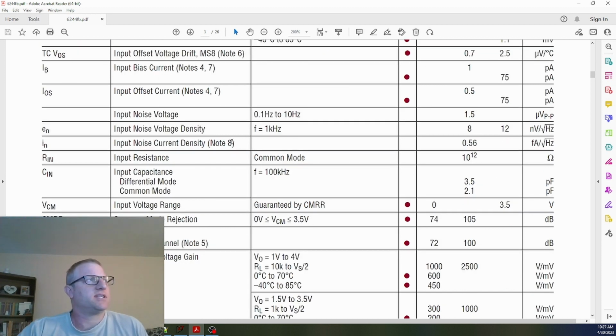So another characteristic that we want to take a look at is our RN and our CN. So these two may or may not be pertinent to you. It all depends on what you're using this particular op amp for. Like I said, this one is for a transimpedance amplifier specifically.